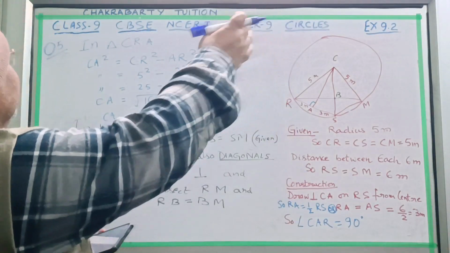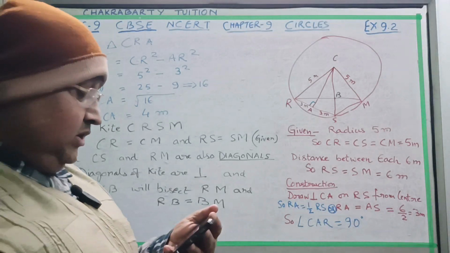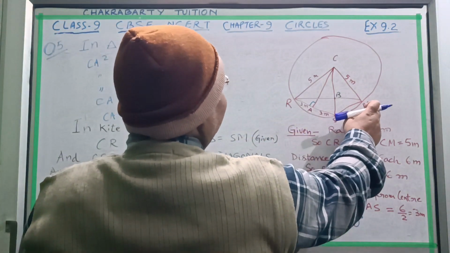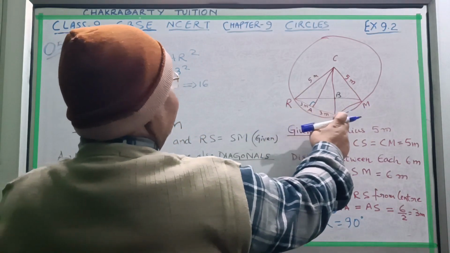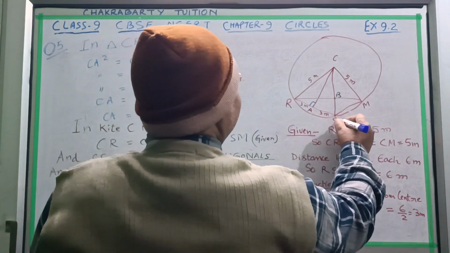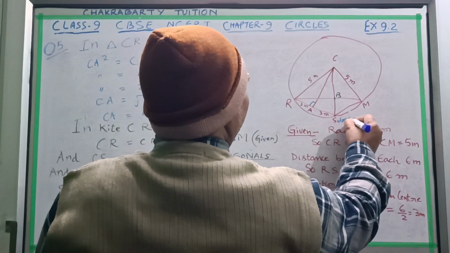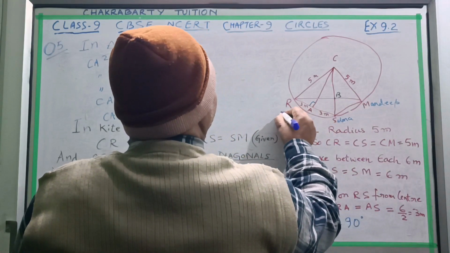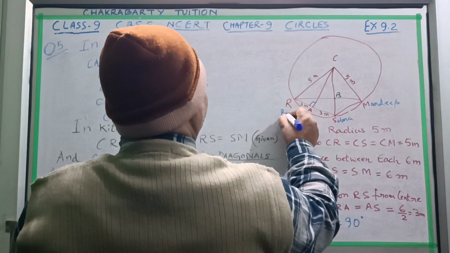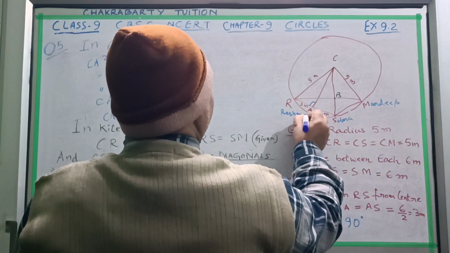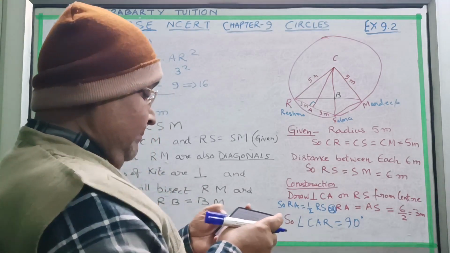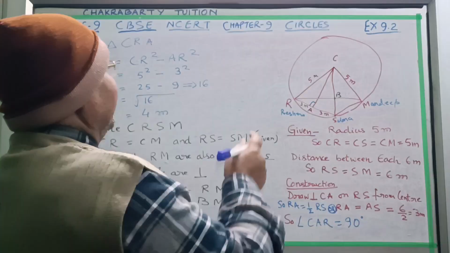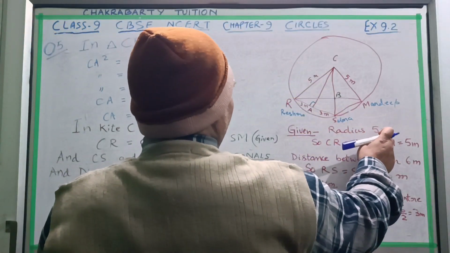Now exercise 9.2 question number 5 we are going to solve. Three girls, Reshma, Salma and Mandeep, R for Reshma, S for Salma, and M for Mandeep, are playing a game by standing on a circle of radius 5 meters.